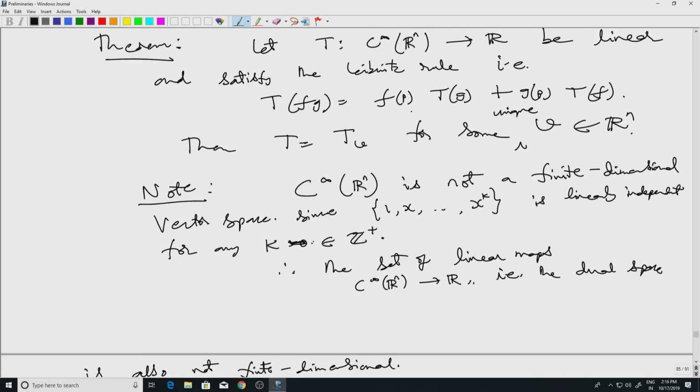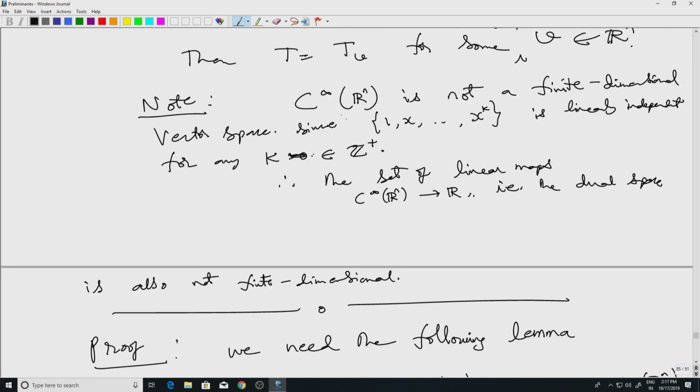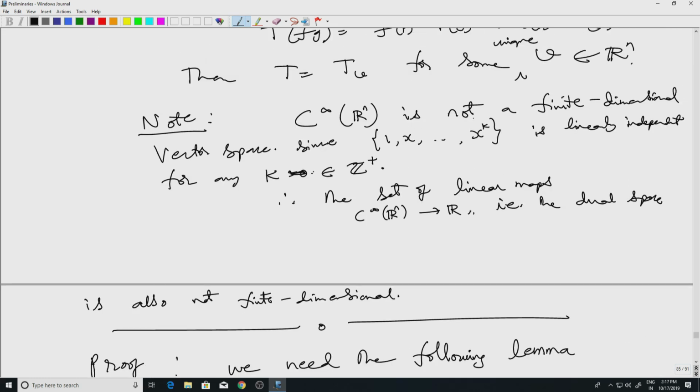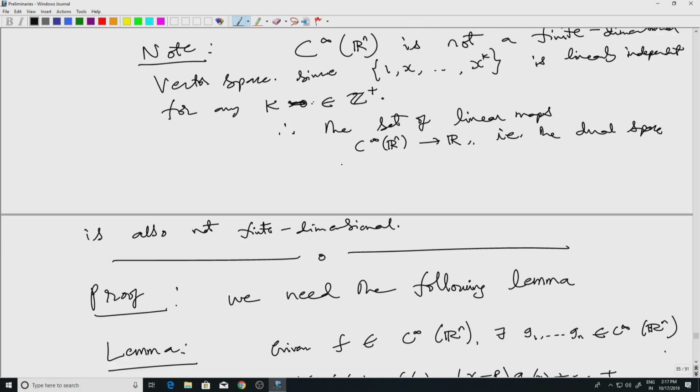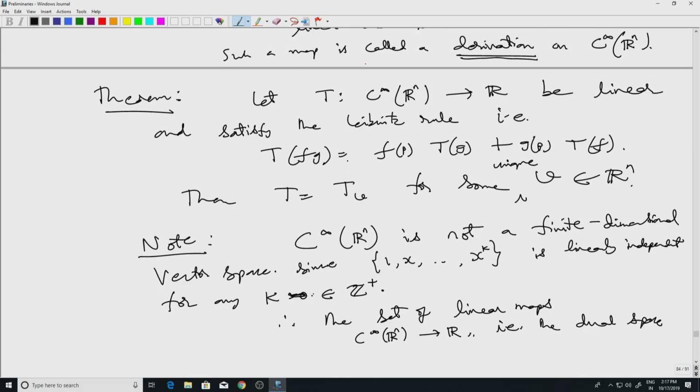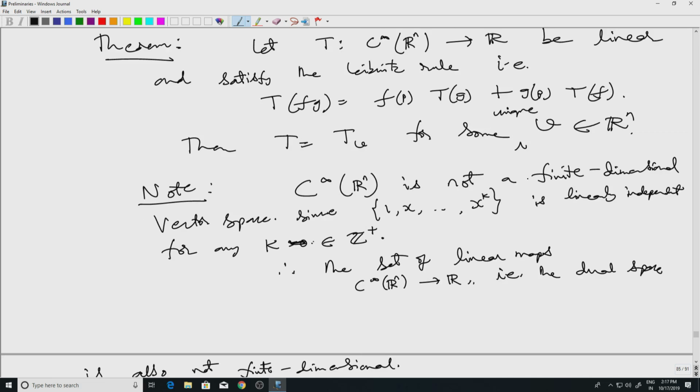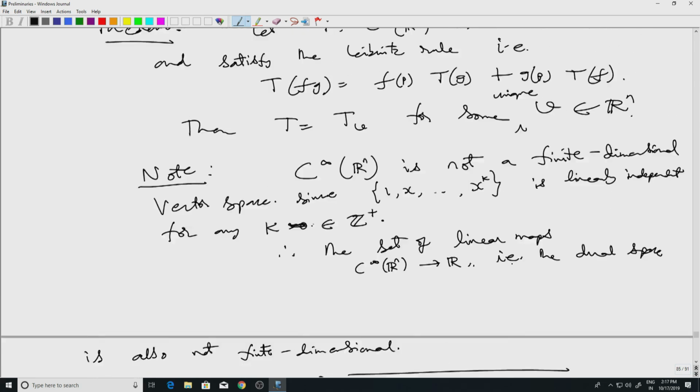Now one thing which we have to note here is that C infinity R^n is not a finite dimensional vector space, since we can find linearly independent sets of arbitrarily large size. So one can just take monomials. And one knows that if one starts with a vector space which is not finite dimensional, then linear maps on such a vector space are also not finite dimensional.